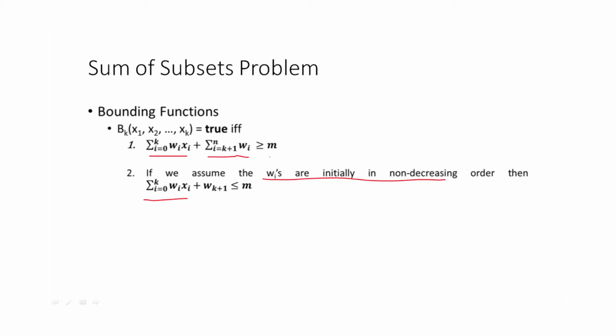This is important because if they are not arranged in this order, then this condition cannot be considered. In that case, the sum of the weights so far that we have considered plus the immediate next weight available to us, if we can continue finding a solution, the sum of these two terms is less than or equal to m.